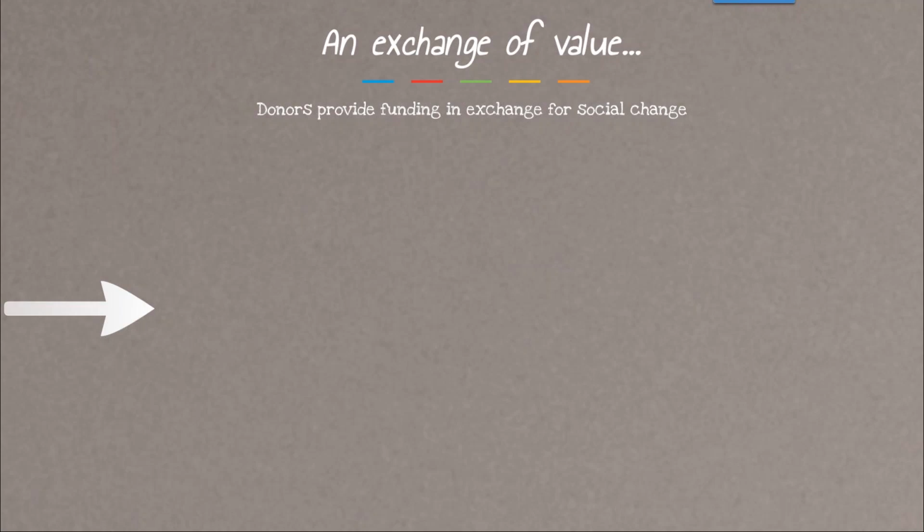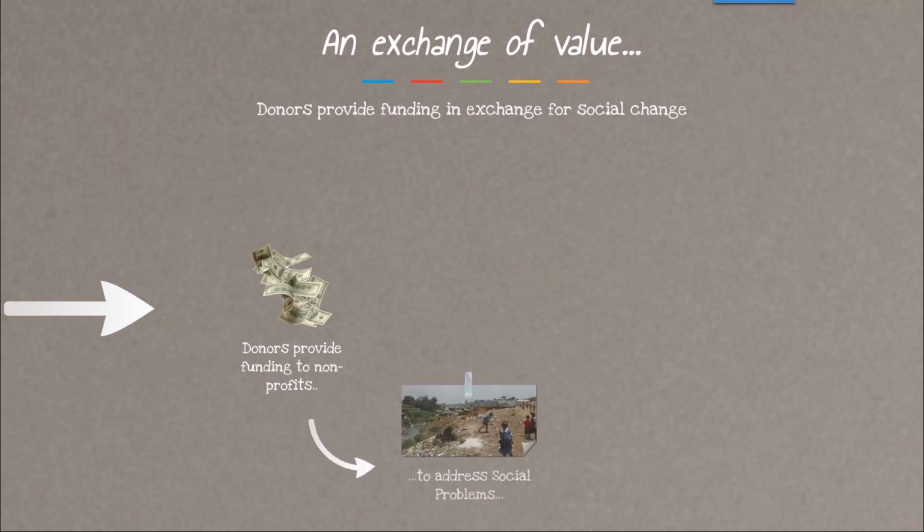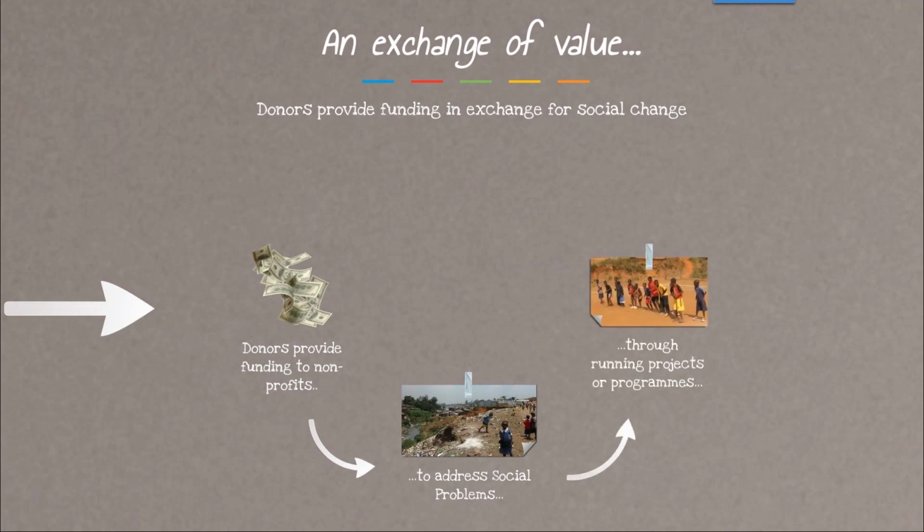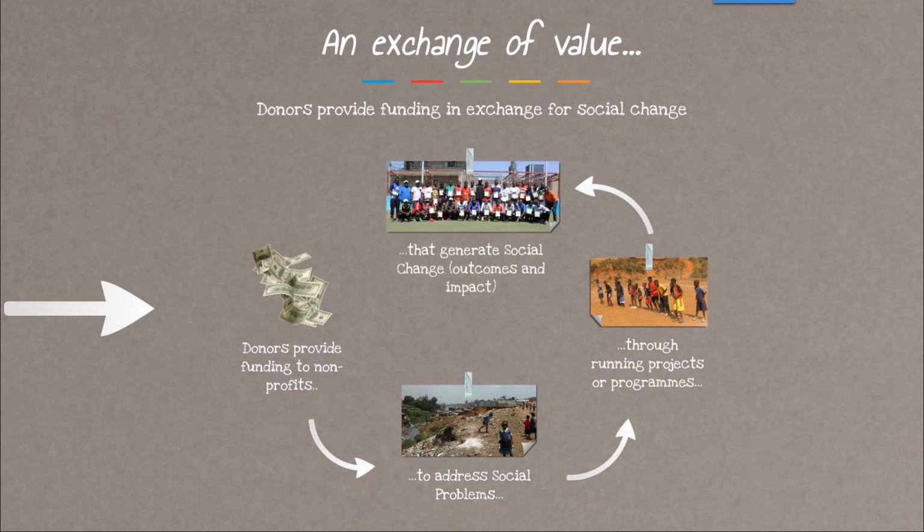One way to think about this is, from a donor perspective, the exchange of value going on between you as a recipient of funding and the donor. Donors provide funding for your services, generally to address some form of social problem, through running a project or program, which hopefully generates some social change, outcomes, impact, and meaningful improvements to people's or communities' lives.